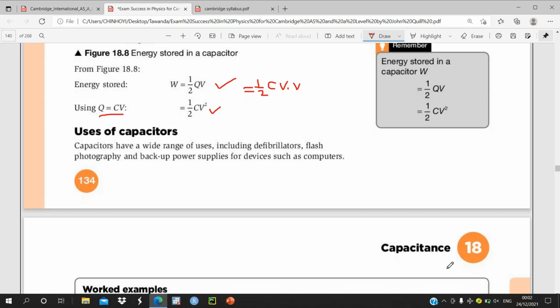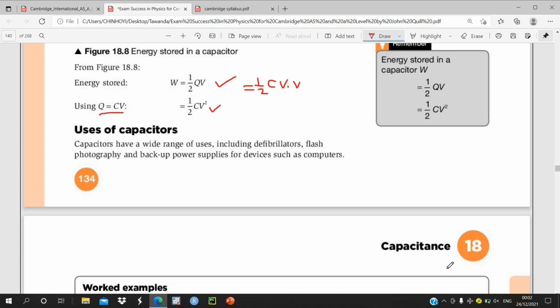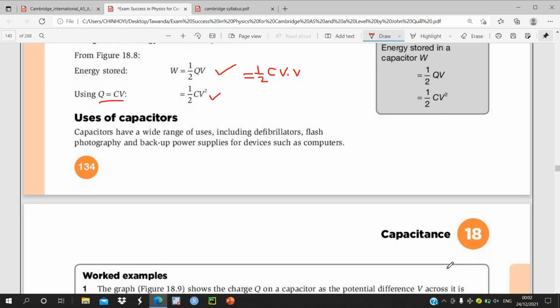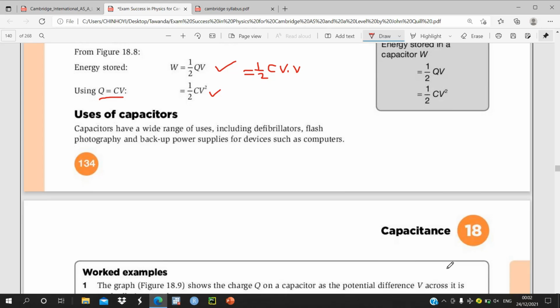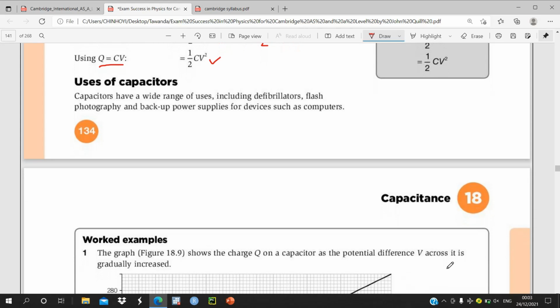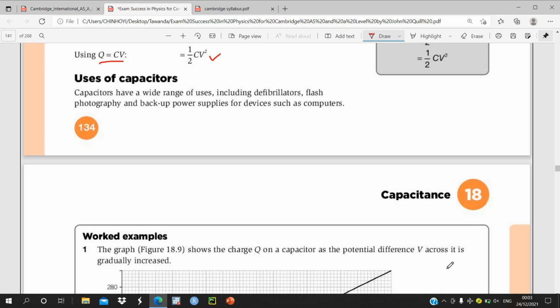Then we can look at the uses of capacitors. Capacitors have a wide range of uses, for example in flash photography and in backup power supplies for devices such as computers. They are used as backups. You can also find more examples of the uses of capacitors. Remember when we have some lights that use capacitors.